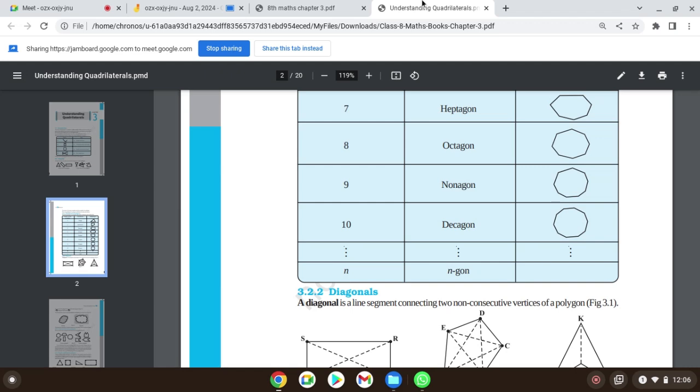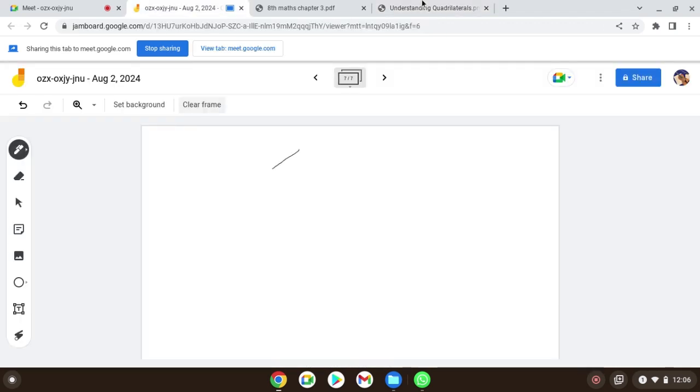Octagon, like this. Yeah, I will try opening it. I hope just like this. 1, 2, 3, 4, 5, 6. That is the hexagon. Yeah, it's right.